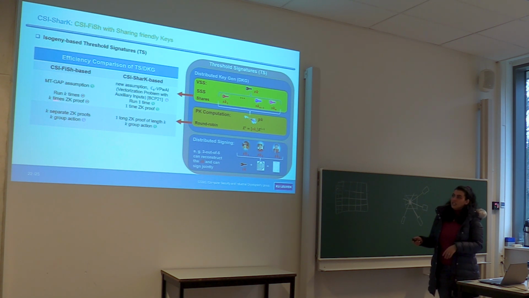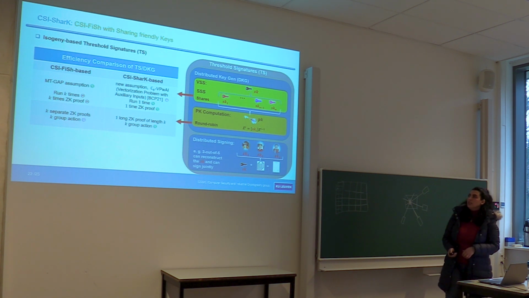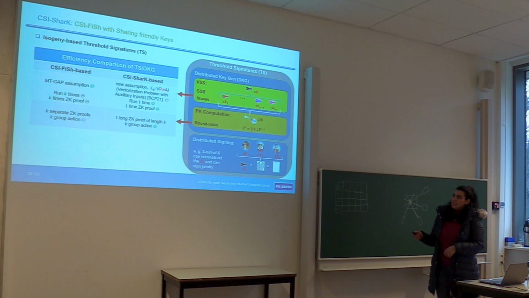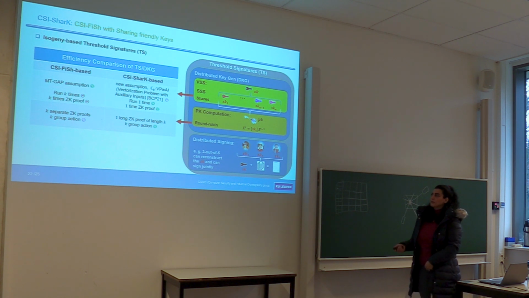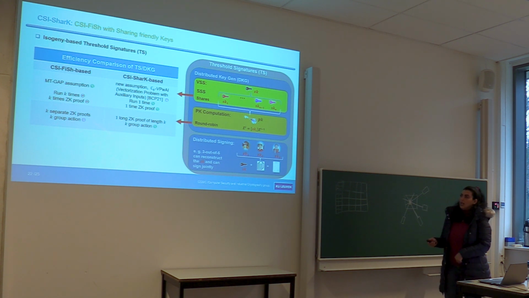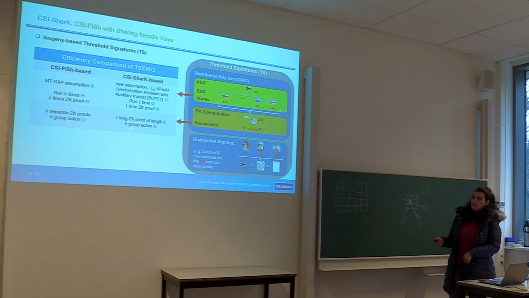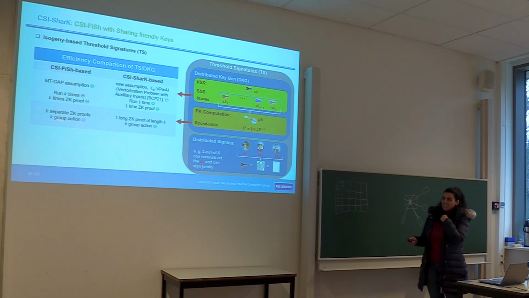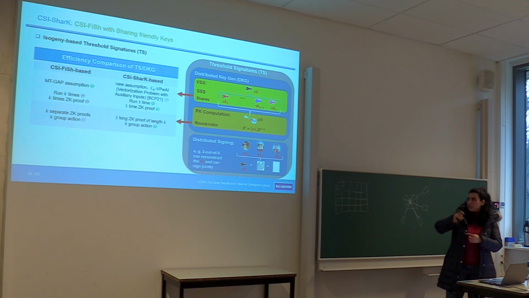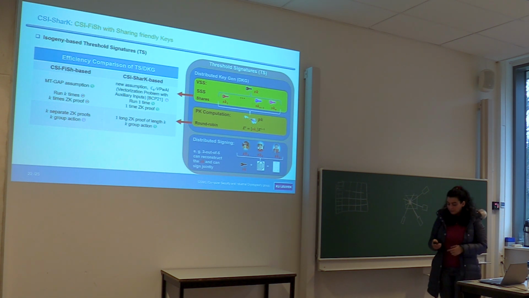We needed to give k zero-knowledge proofs there, but here in verifiable secret sharing, we need to give just one zero-knowledge proof. The only problem is that this uses a new assumption, proposed in previous papers that I mentioned. And here we have a long proof, which is more efficient than giving k zero-knowledge proofs.